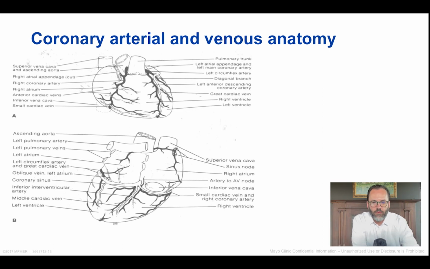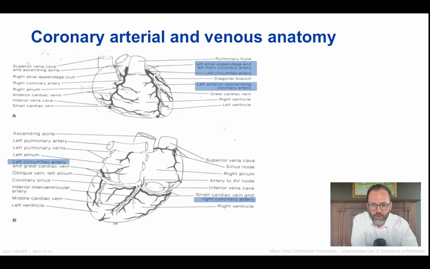So when we start to look at this in a lot more detail, this is the unfortunate part here. It is very difficult to find coronary depictions that are of appropriate detail. And so what you can see here is that there's a lot of detail with regards to the coronary circulation and where we can go into tremendous amounts of granularity.